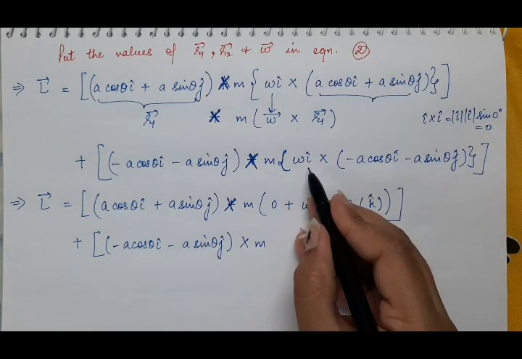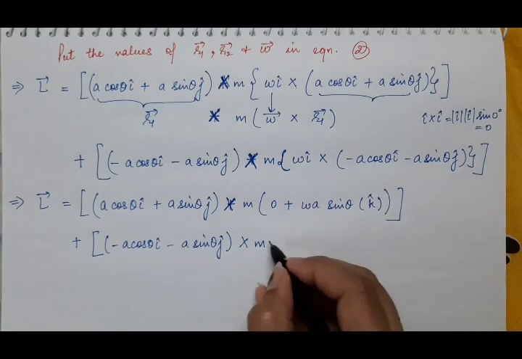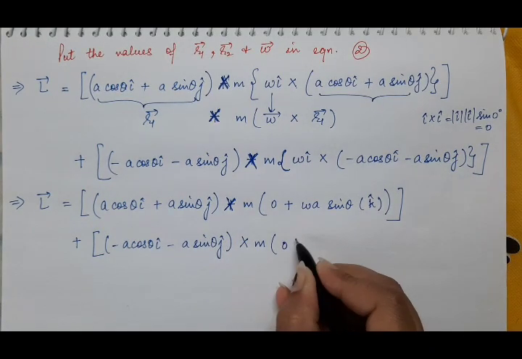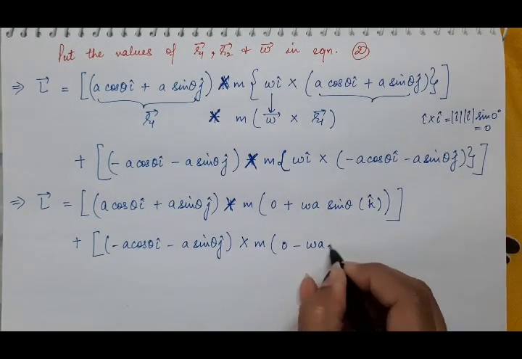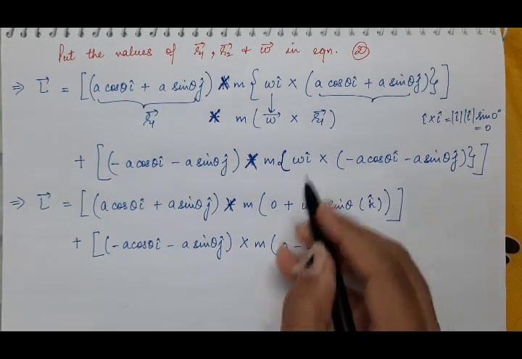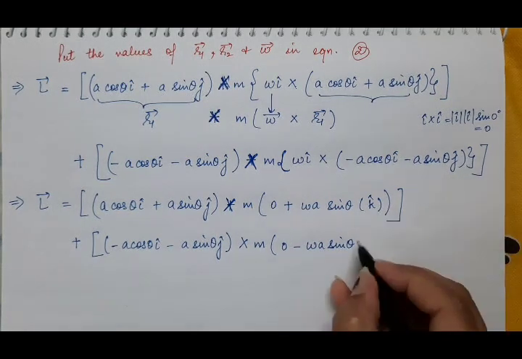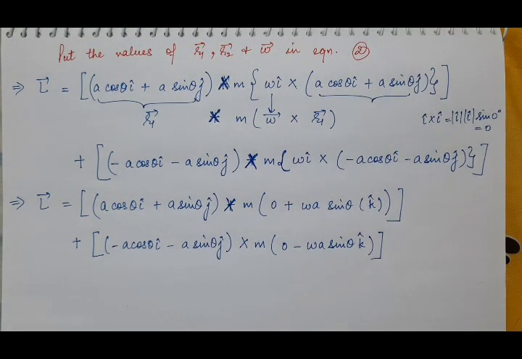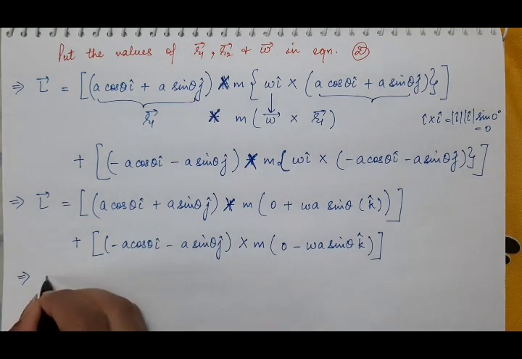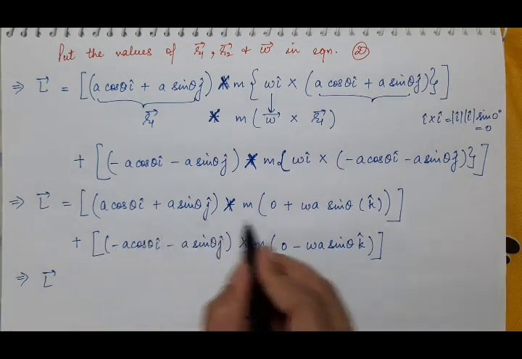Now again i cross i will be 0, then minus omega into a sin theta, i cross j is k. So now solve this cross product.